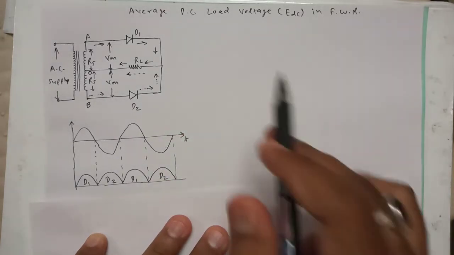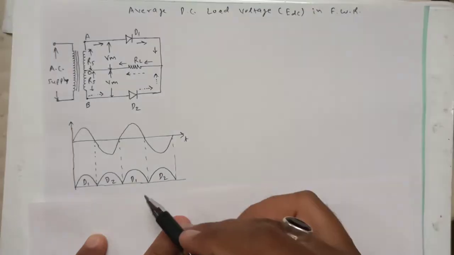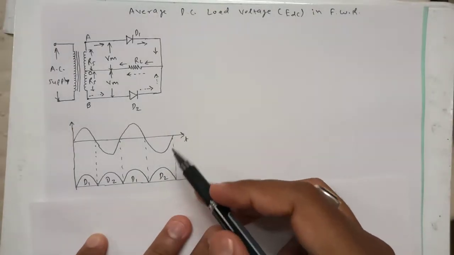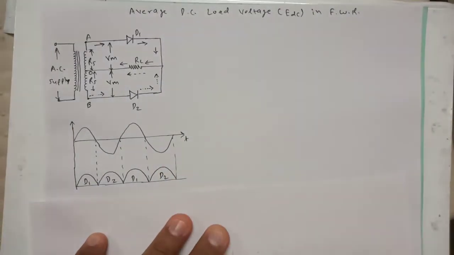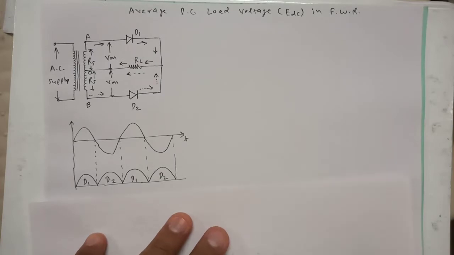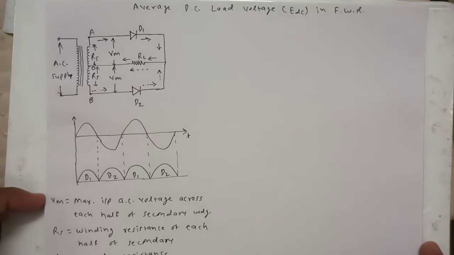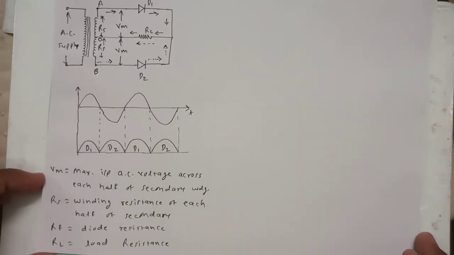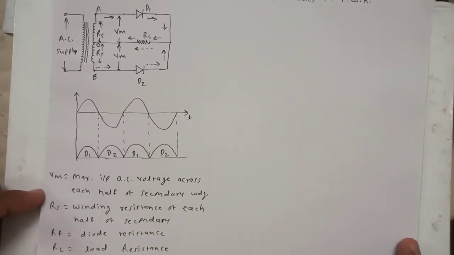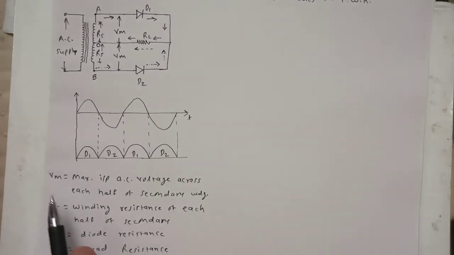Now we are interested in getting the average value of this DC load voltage across the load resistor. Before that, we should make very clear what these terms actually mean. To save time, I have already written this down. VM is the maximum input AC voltage across each half of the secondary winding.